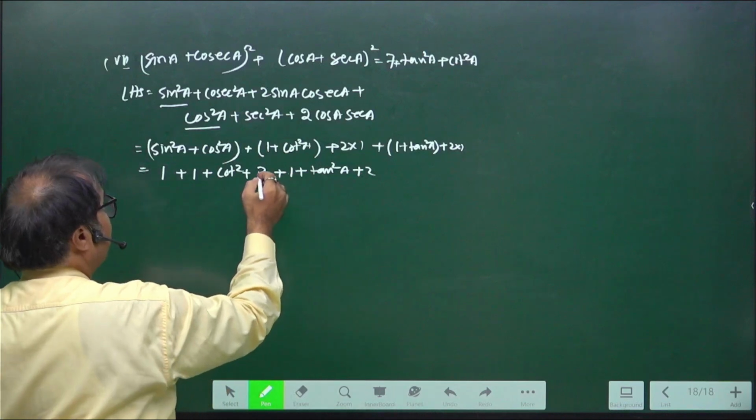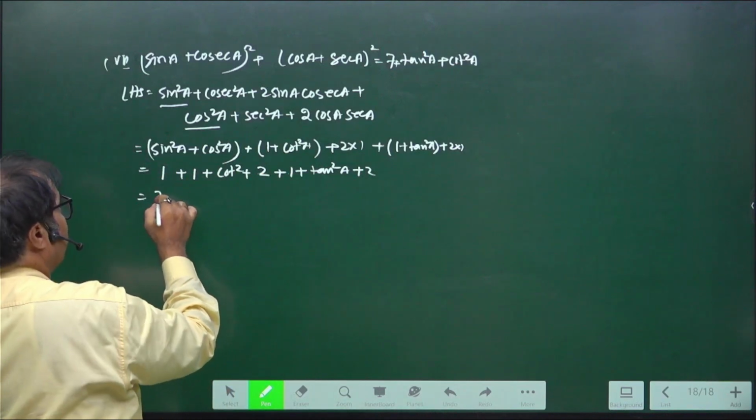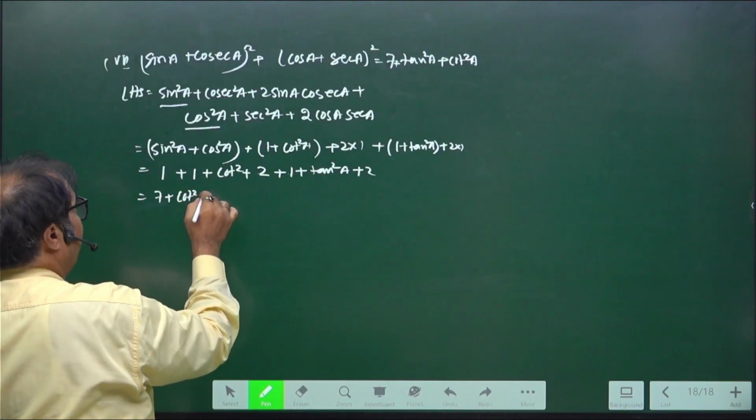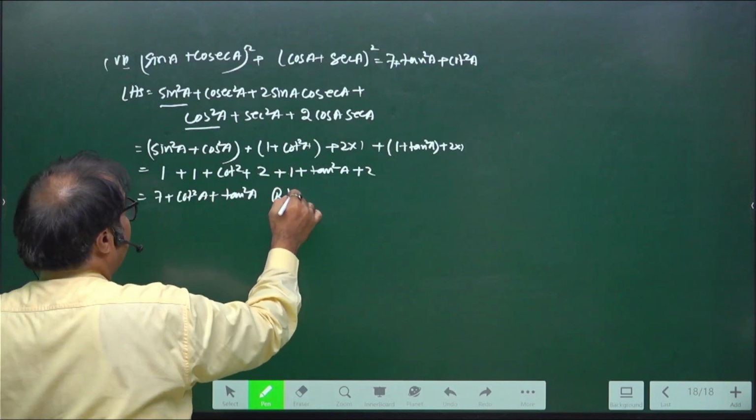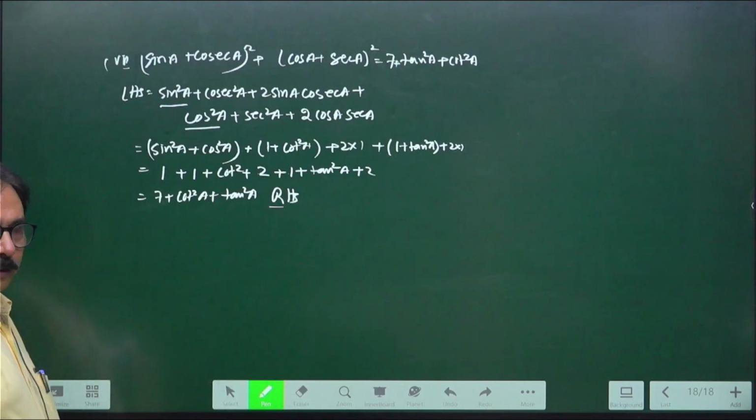So 2, 1, 3, 2, 5, 6, 7. So 7 plus cot² A and plus tan² A, and this is our right hand side, right?